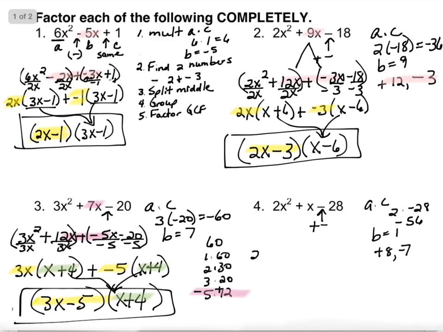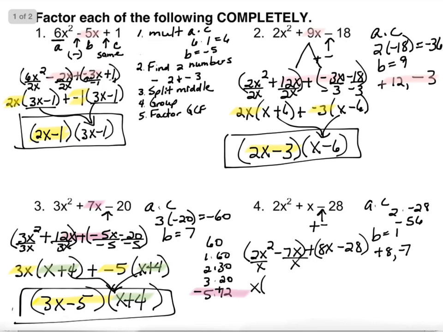So without highlighting, we have 2x squared. I'm going to put the minus 7x plus 8x. Just do it a little differently this time. Minus 28. Group. There's no greatest common factor here number-wise, but there is an x that they both have.